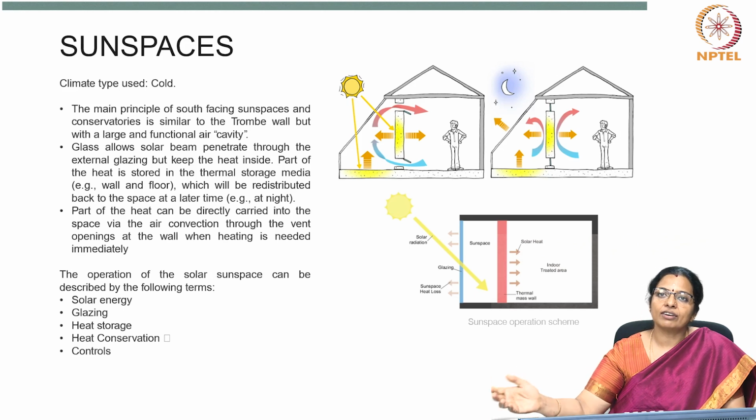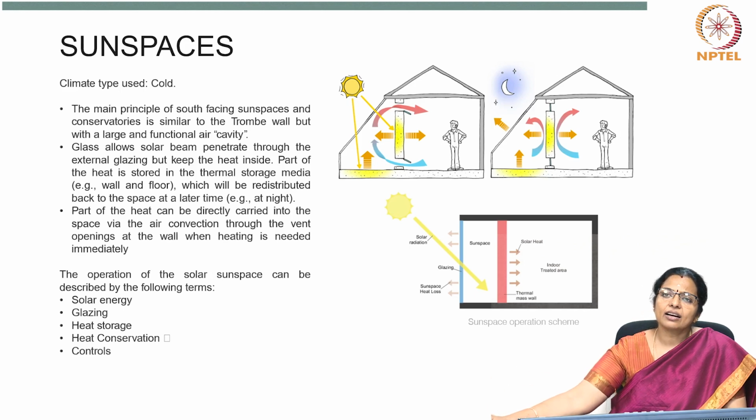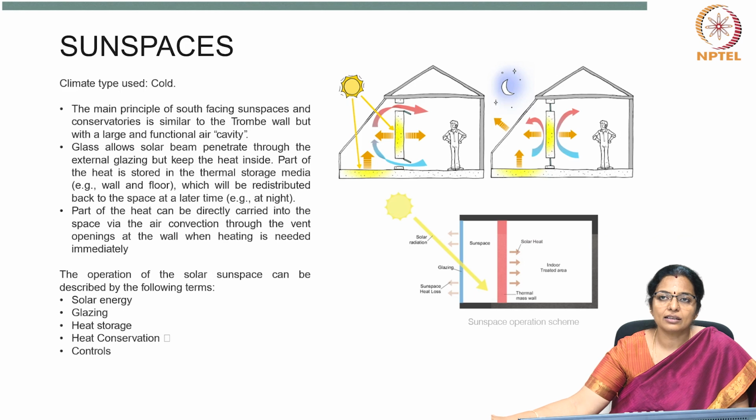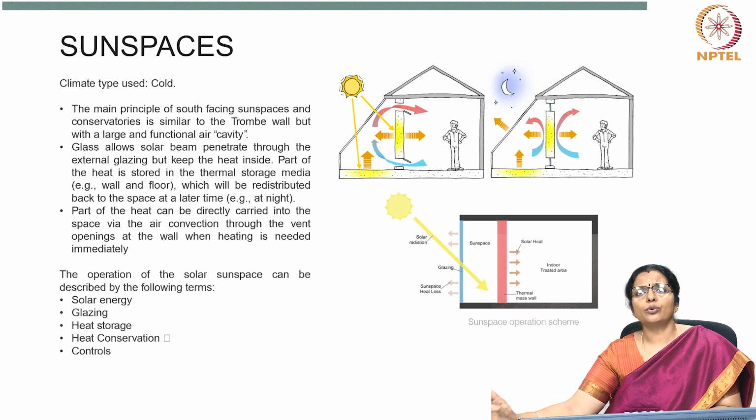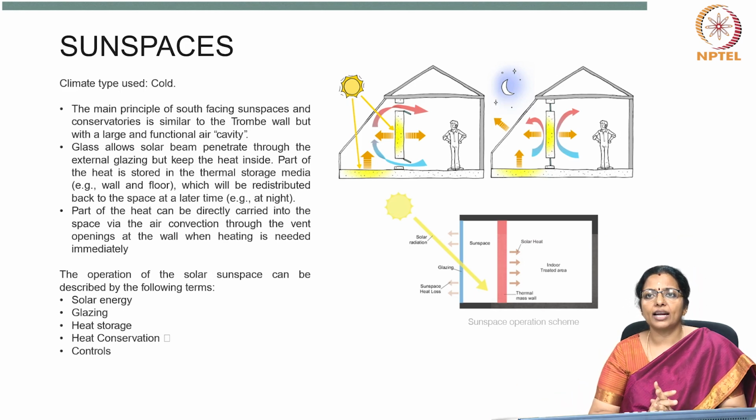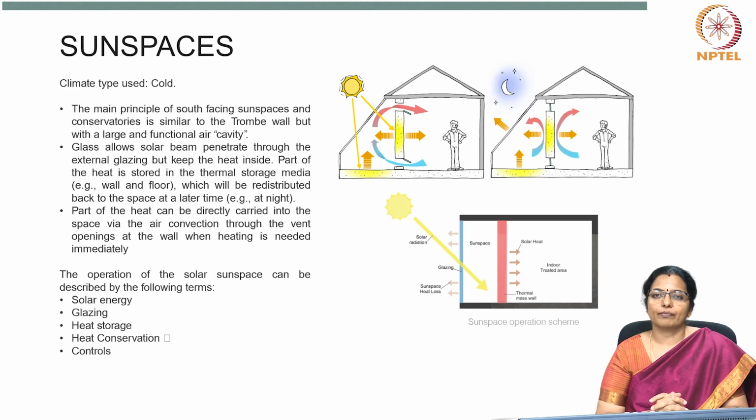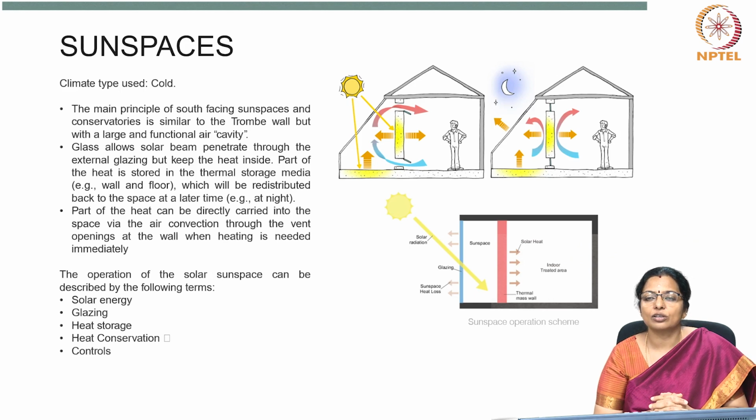Then you have convection losses. Convection heat losses occur mainly due to the contact of the warm air that flows in the sun space with the cool interior surface of the glazing. Radiation heat losses, especially through the glazing, are a significant contributor to the general sun space heat losses.